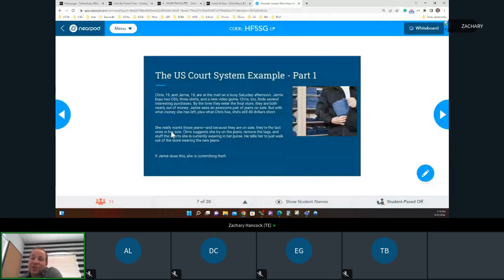She really wants those jeans, and because they are on sale, they are the last of her size. Chris suggests that she try on the jeans, remove the tag, and stuff the shorts she's currently wearing in her purse, then just walk out of the store. If Jamie does this, she is committing theft.